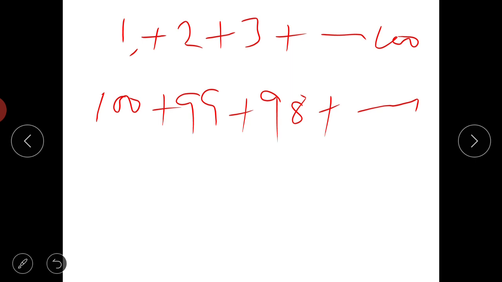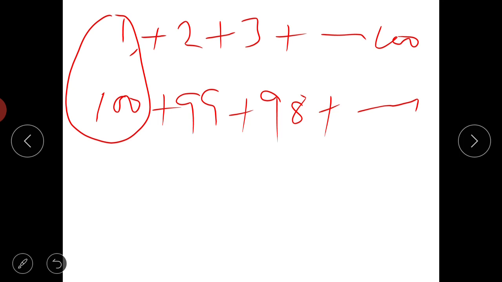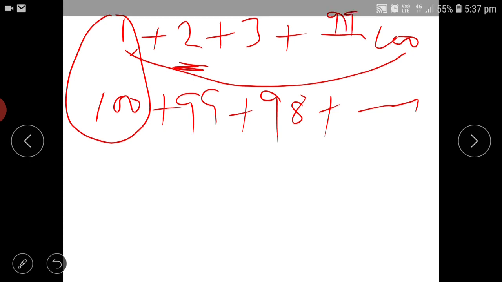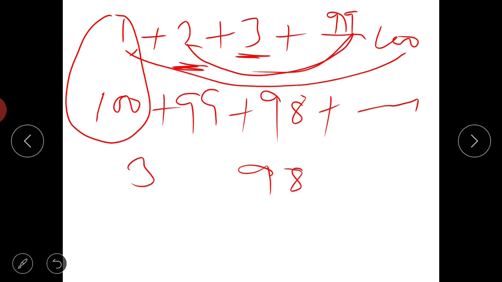It means that the sum of the first and last terms is equal to the sum of any terms equidistant from the front and the back. Here, from the front there is 2 and from the back there is 99, and the sum of both terms is also 101. If this is 3 and we count the third term from the last, that is 3 and 98, and if you add this, it is also equal to 101.